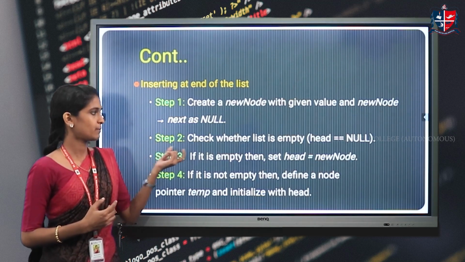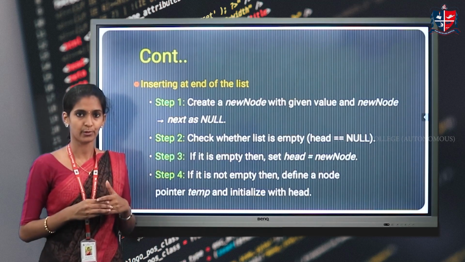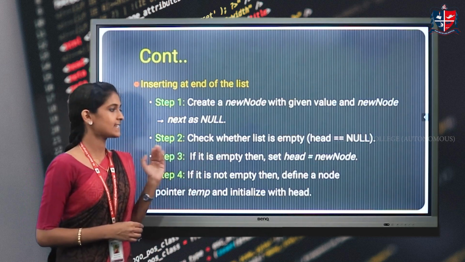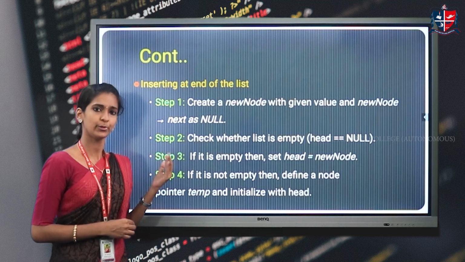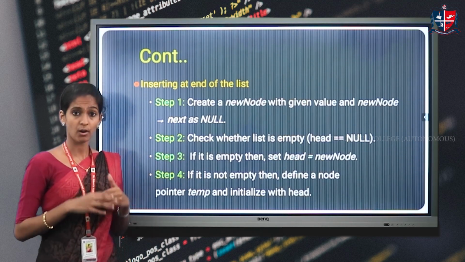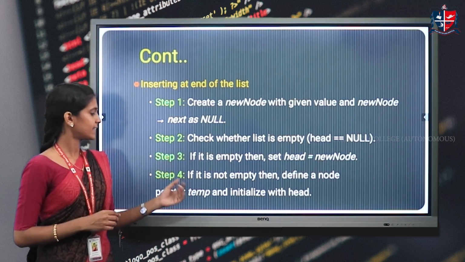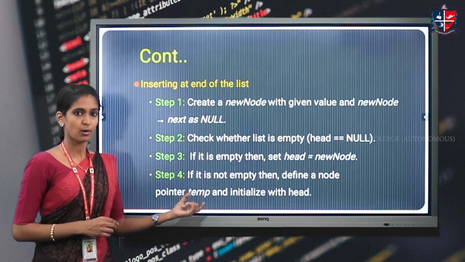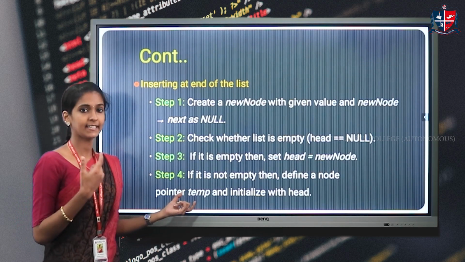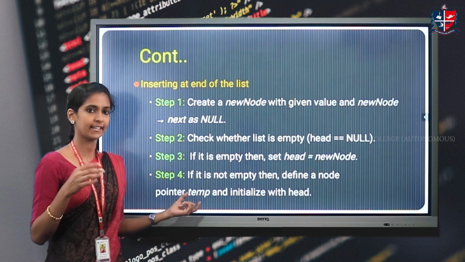Now in the second step, you check whether the list is empty or not by using the condition head is equal to null. If it is empty, then set head is equal to new node and you can terminate the function. If it is not empty, you define a pointer called temp, because we want to identify the last node. We want to traverse until the last node, then only we can insert at the end.